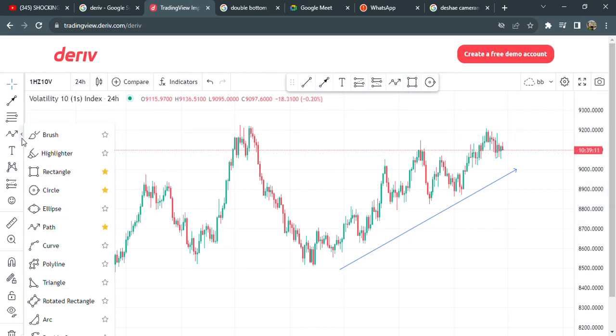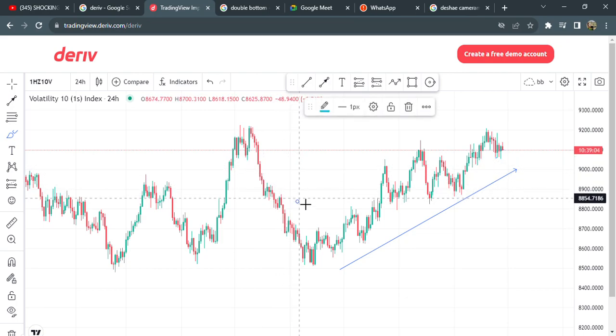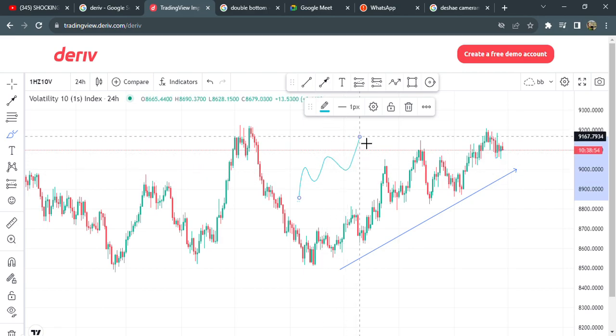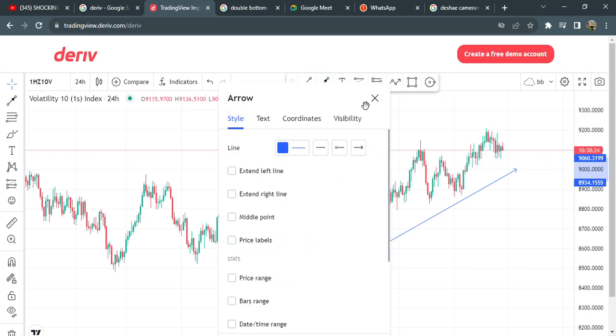So when you know the market is making higher highs, and it's in an uptrend, you'll be looking to enter at the lowest point, which is the higher low, then you buy up to the higher highs.